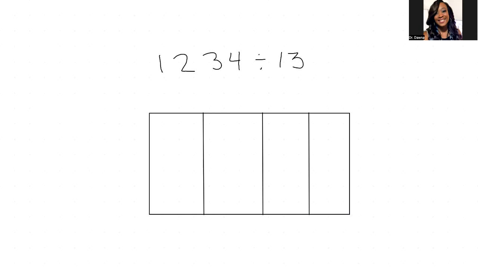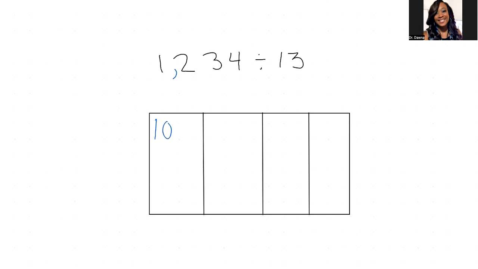All right. Step one, we want to break down 1,234 into expanded form. What that means is this number up here, we're going to break it down and put it into this nice box. The first number, 1, is in the thousands place.